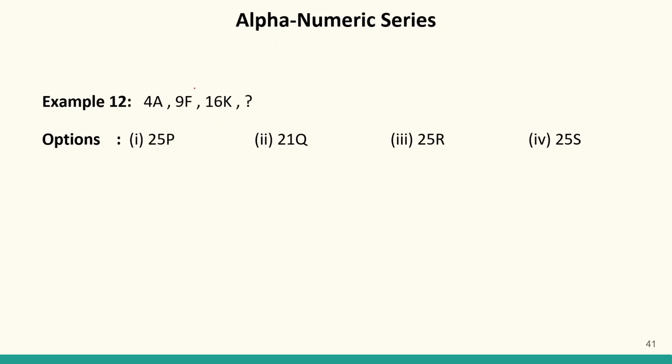Now let us look at this one. I can see a bigger jump here. Okay. When I look at the numbers, let us first look at the numbers. It is similar. 2 square 4, 3 square 9, 4 square 16. The number will be based on this. I can eliminate this option. But we have 3. So I can see there is a bigger jump. A is ranked at 1. F is ranked at 6.